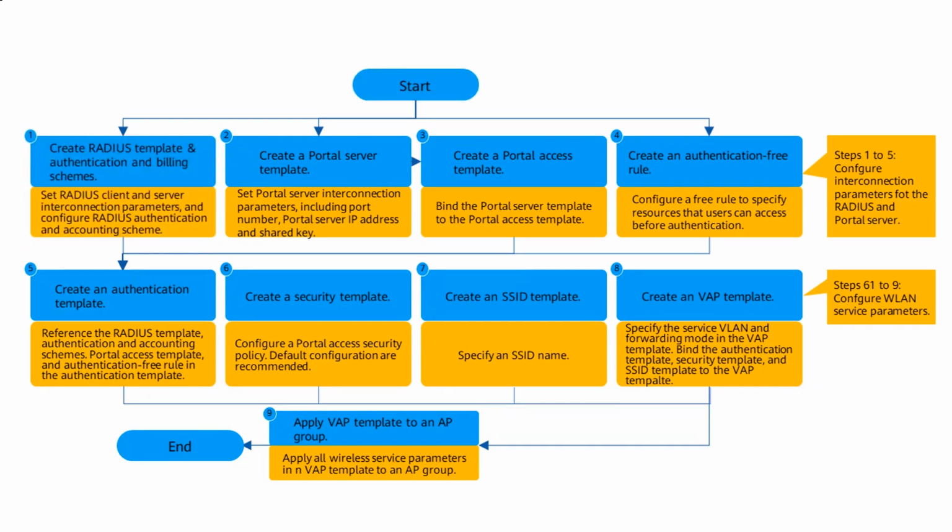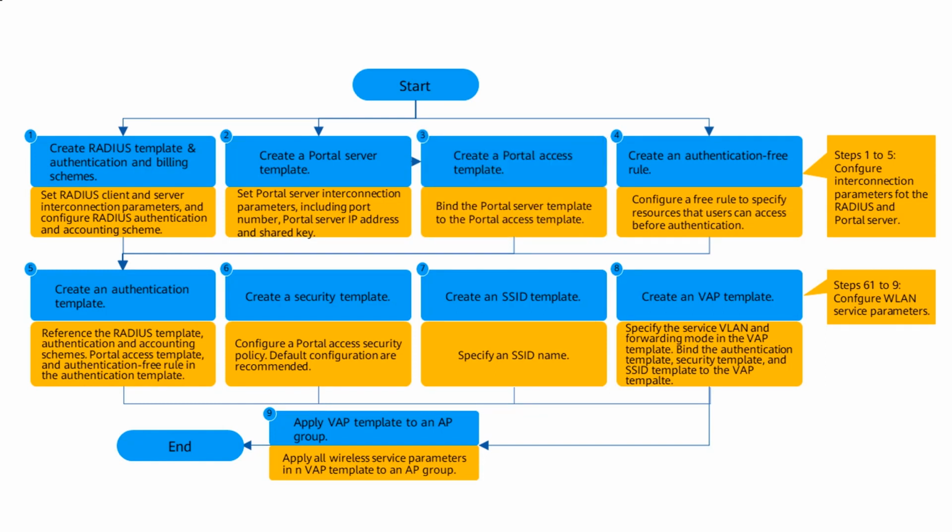The first thing you need to configure is the radius template. Then you configure the portal server template. You might not understand exactly what this is, but we'll look at all these configuration steps in the next few slides. So first the radius template is configured, then the portal server template, then we configure the portal access template or portal access profile, then we create an authentication free template.